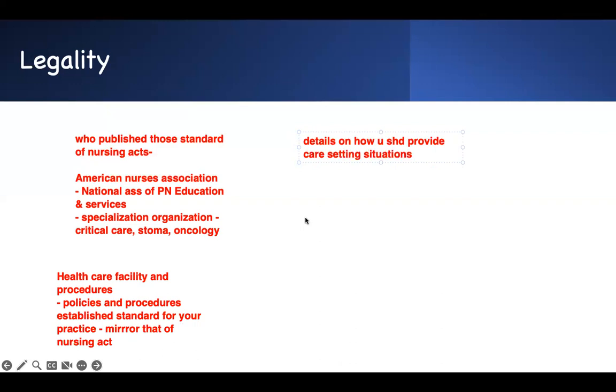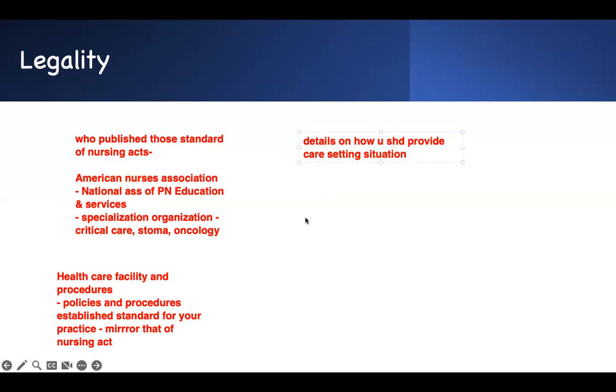So this manual you have to know. Like how you pull an IV, how you put the IV in, how long the IV should stay in, what kind of procedures you should follow when you're discharging a patient. All those things are within that manual. So you want to find that manual.